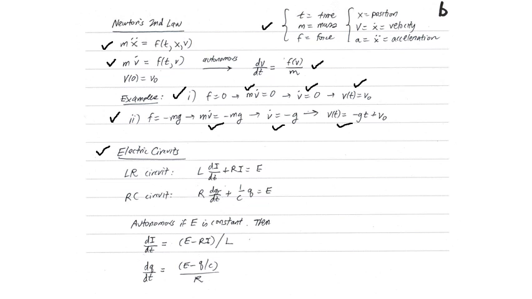So for now, we're restricting our attention to an LR circuit, a circuit that contains only an inductor and a resistor, and possibly an EMF, or an RC circuit, a circuit that contains only a resistor and a capacitor, but no inductor. And again, there's a much more detailed discussion about all of this in the text.